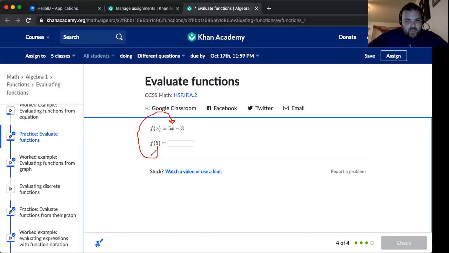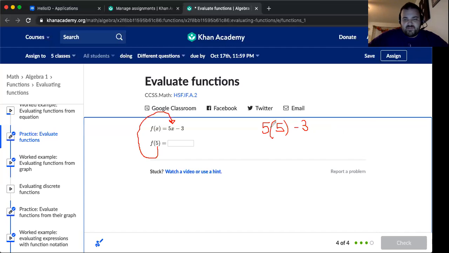So when we take the 5 and we substitute it in for x, we now have 5, not 5x, but 5 times 5 in this case, because that's what the input was, minus 3. The other part of evaluating functions or evaluating expressions in math is that after you substitute a number in place of the variable, you're then expected to simplify that expression or that part of the math down.